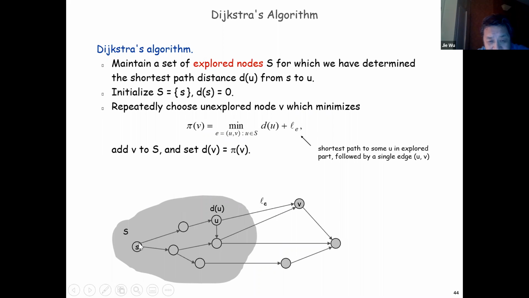You can imagine this is S, start with S. Then you explore your neighborhood. So the first step, you include all the neighbors of S. This is called the explored region. Eventually you expand and expand.